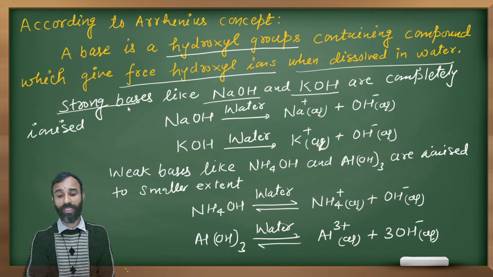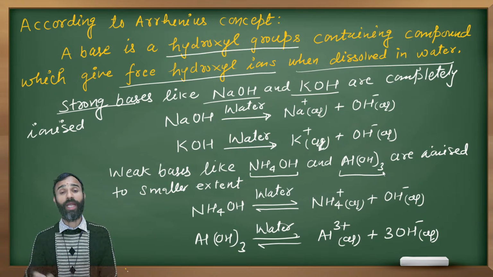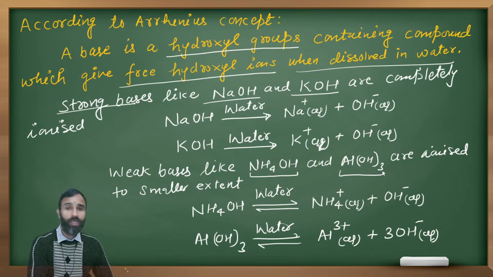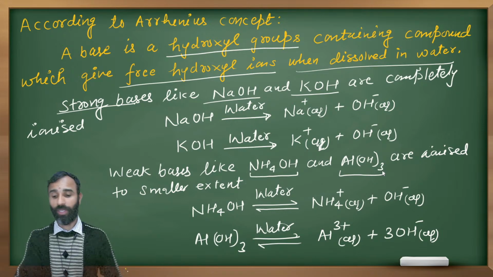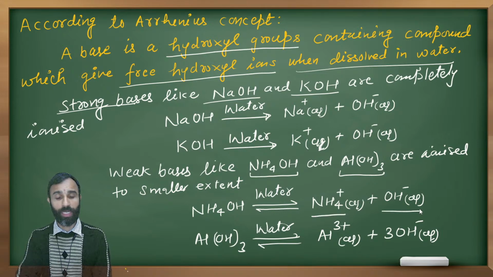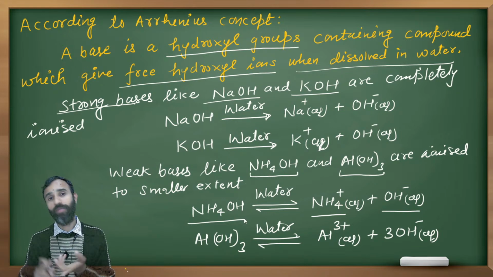They are strong bases, again unidirectional, but weak bases like ammonium hydroxide, aluminium hydroxide are ionized to a small extent. So they will give a small amount of NH4 plus and OH negative ion along with NH4OH. Meaning in the solution itself, NH4OH is present, NH4 plus is present, OH negative ion is also present.